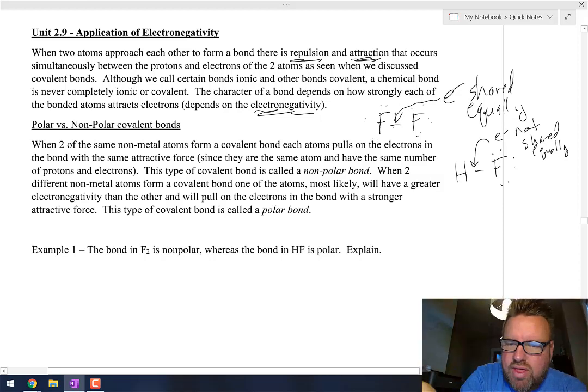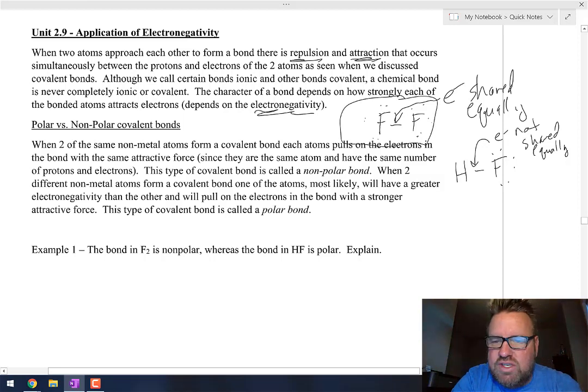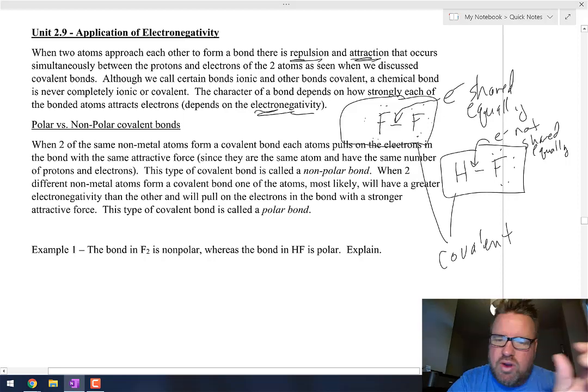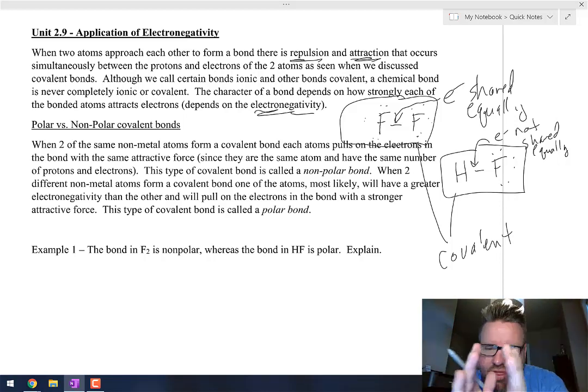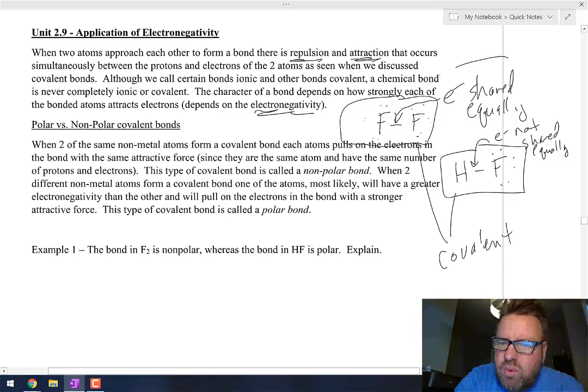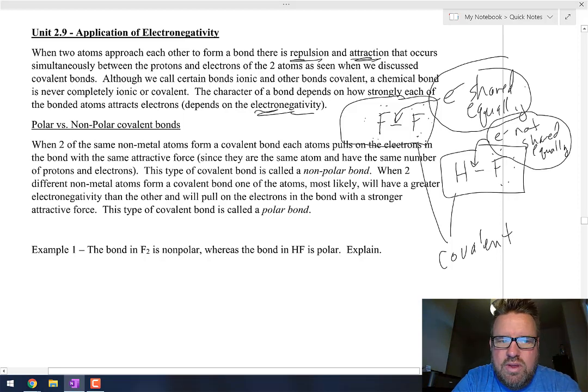Both those fluorines are obviously nonmetals, and hydrogen and fluorine are both nonmetals. In both cases, they're covalent bonds, okay? Because, remember, covalent bonds are between two or more nonmetals. So they're both covalent. But within the covalent bond, there's two different types of bonds. There's ones where the electrons are shared equally, and ones where the electrons are not shared equally, okay?